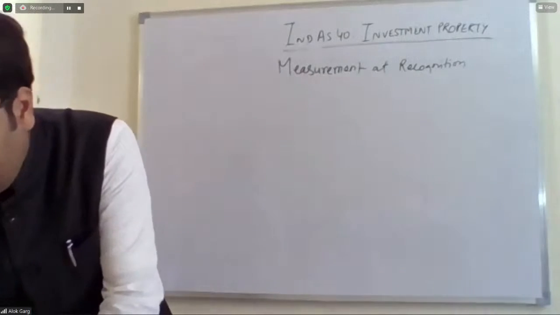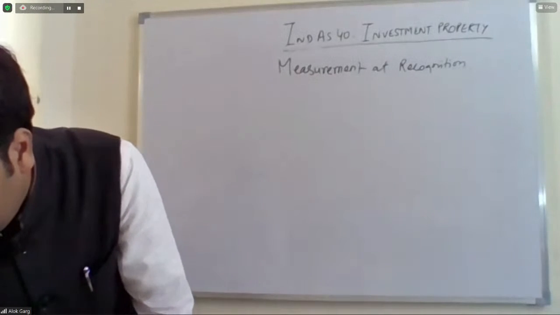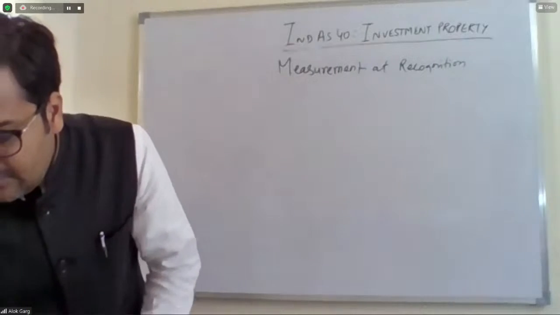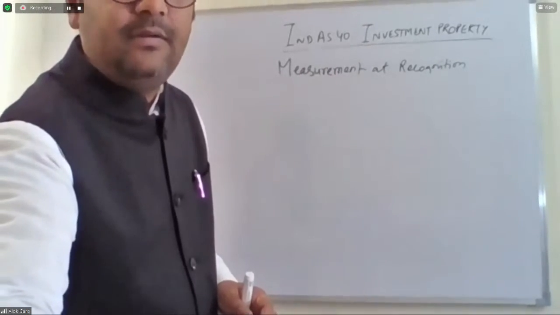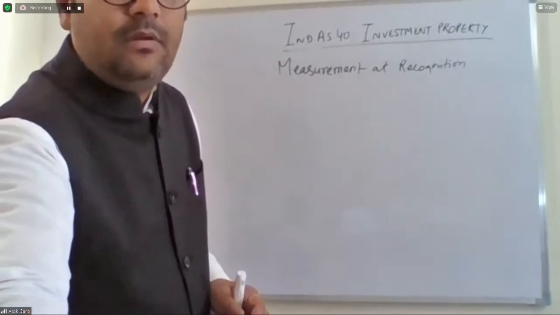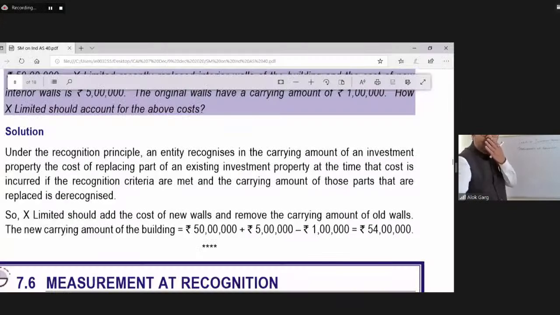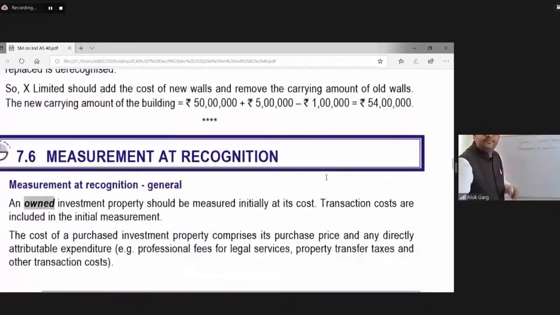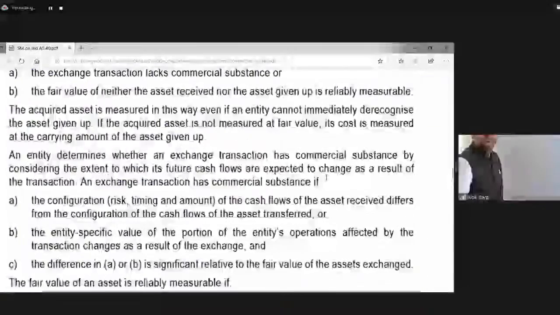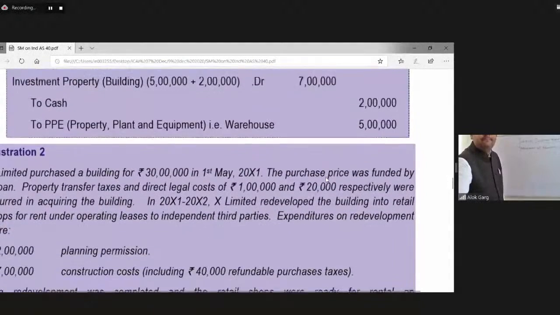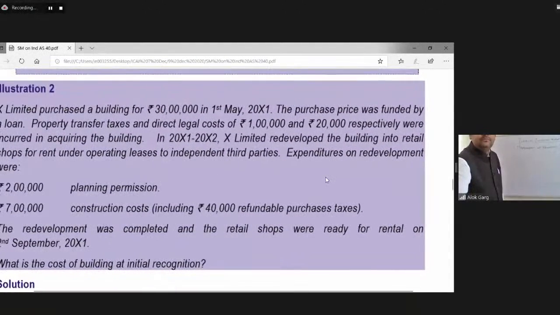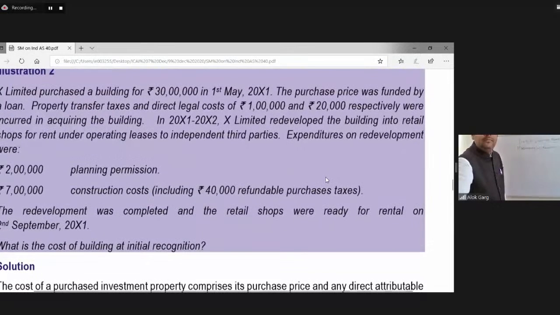So let me take you through one of the examples, illustration number 2 of the Institute study material.